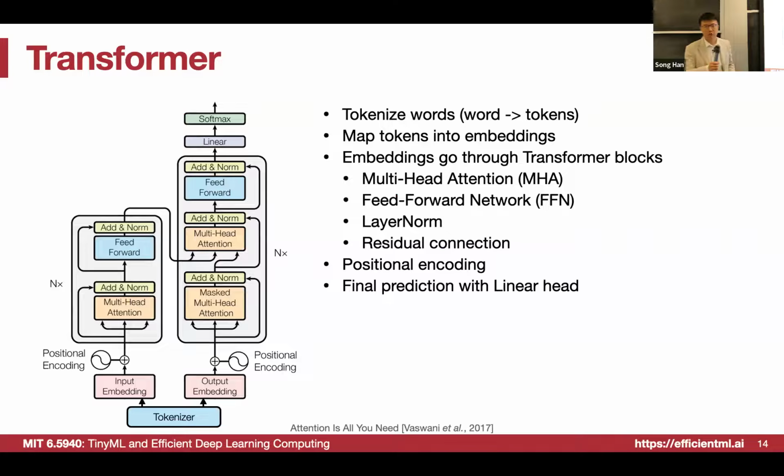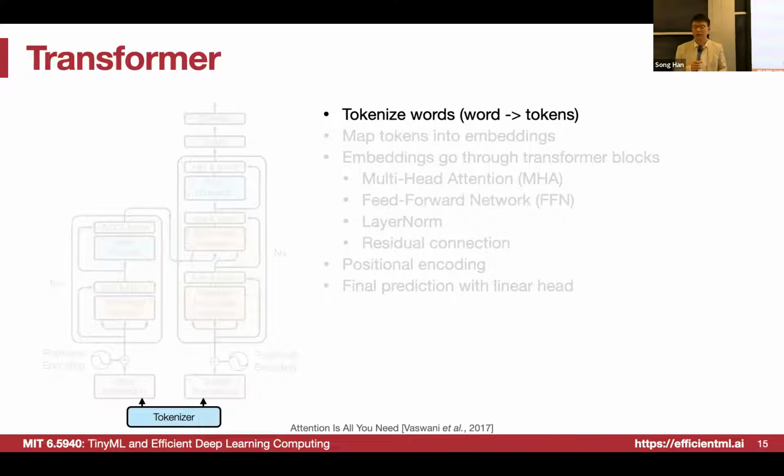To solve those limitations, they built the transformer. Okay, so this is the basic architecture of the transformer published in 2017, and we are going to cover different components, starting with the tokenizer, how to map tokens into embeddings, and the transformer block including the multi-head attention, fully connected layer, layer norm, residual connection, positional encoding, and also the final prediction with the linear head.